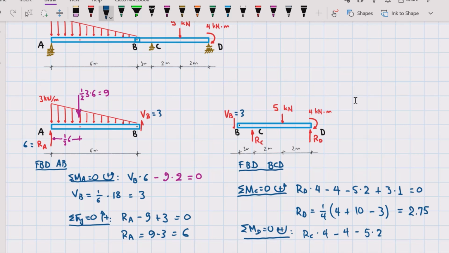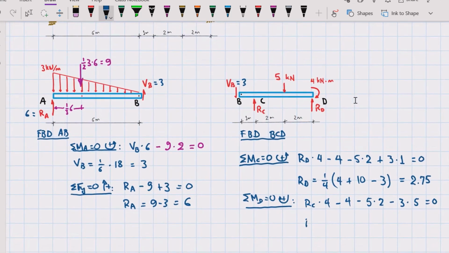Plus or minus 3, about point D? Minus 3 times 5. Okay, equals to 0. Move it. RC equals to 1/4 of 4 plus 10.